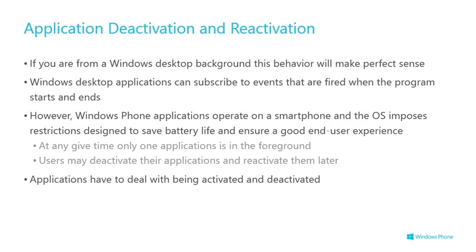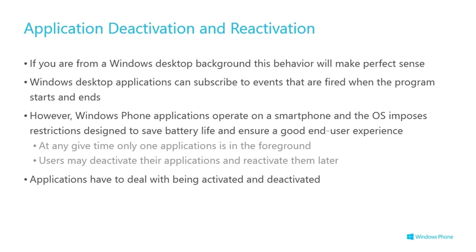Now, of course, if you are used to doing Windows Forms development, this kind of stuff, form loading and closing, makes perfect sense to you, and you wouldn't expect anything in between. But, of course, an application running on a smartphone is not a desktop application. It's not running on a PC. Smartphones are limited capacity devices. They have battery life. Their most precious resource is battery life. And they need to manage that battery life in a way that ensures a good end-user experience.